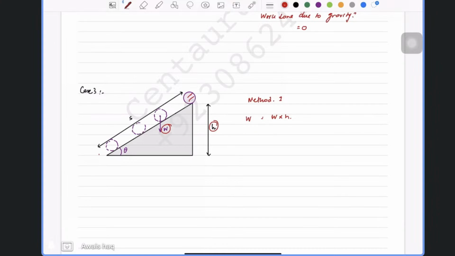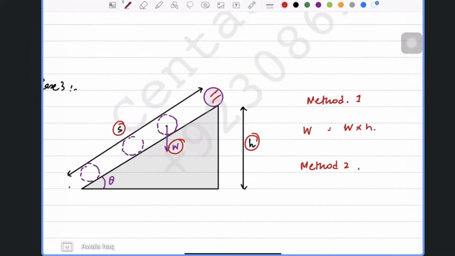The other important thing is that if this displacement was given, then you're going to make components of it.